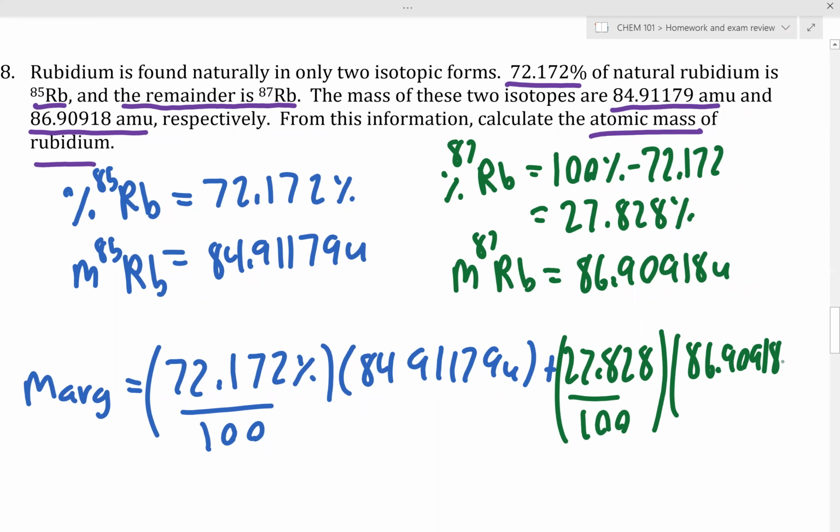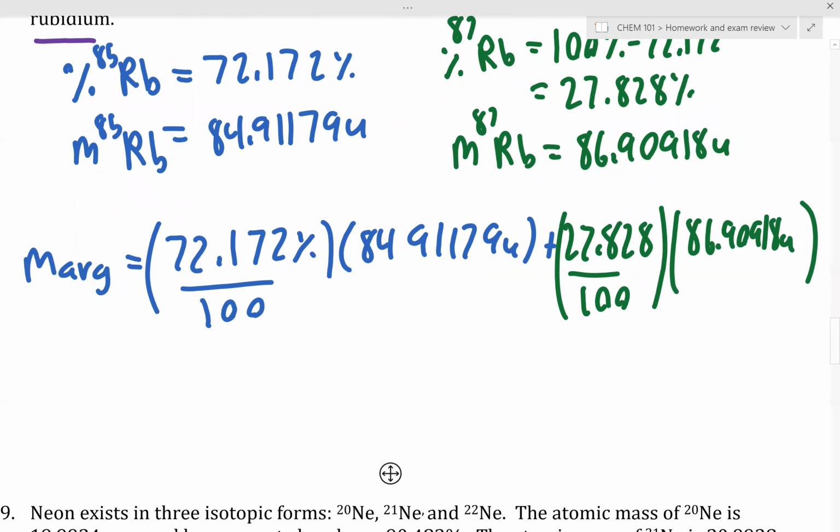Let's just make that AMU a little bit nicer to look at. Okay, perfect. Now all we have to do is enter this into our calculator.